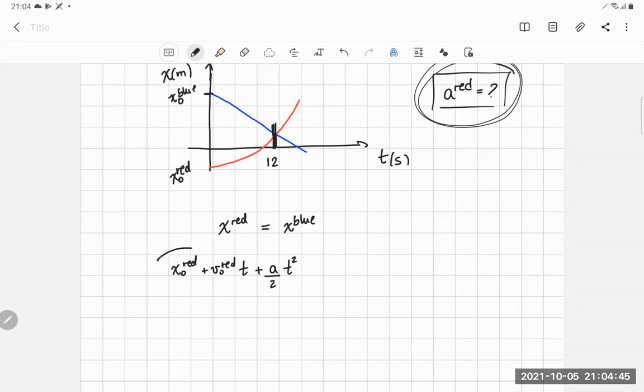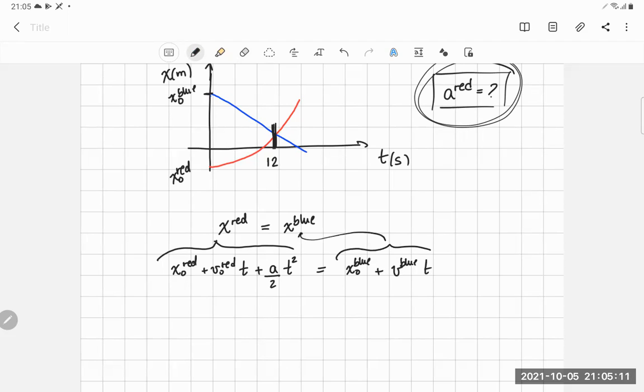This is the equation for the red car. What is the equation for the blue car? Well, that's the easy one because there is no acceleration. So it's the initial position of the blue plus the velocity of the blue times time. And I should not put a subscript zero here because it never changed. So I'm just going to put v. Okay, so this is the equation for the blue.